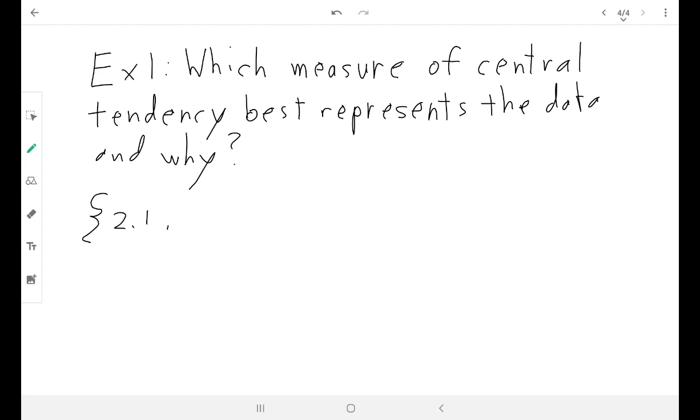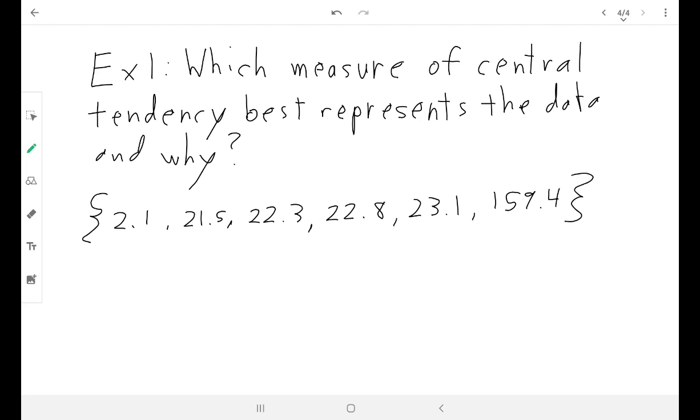2.1, 21.5, 22.3, 22.8, 23.1, and 159.4. So let's look here.